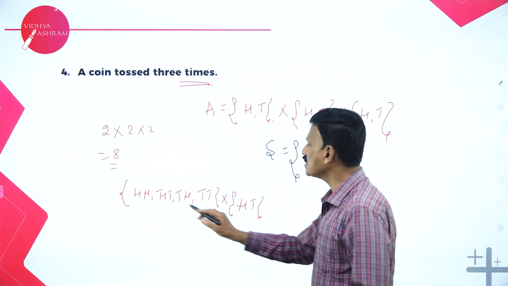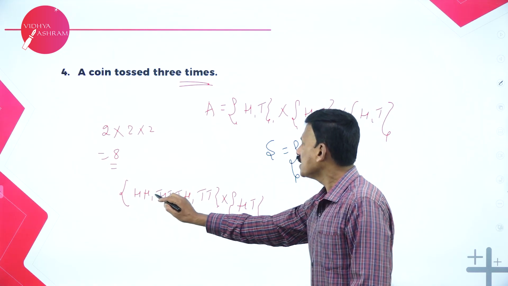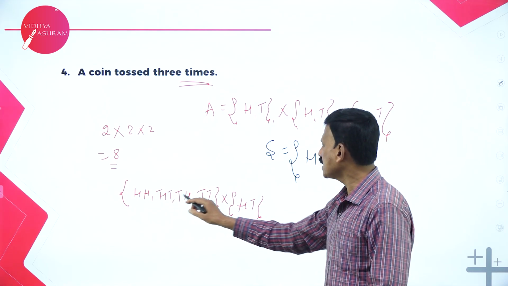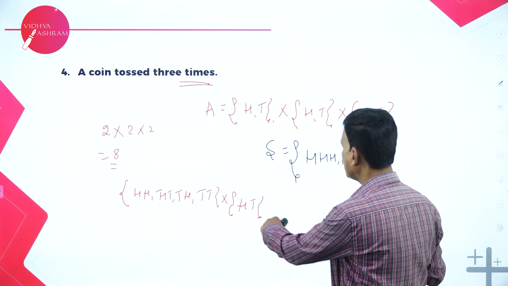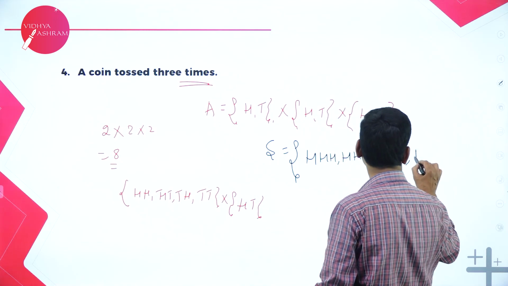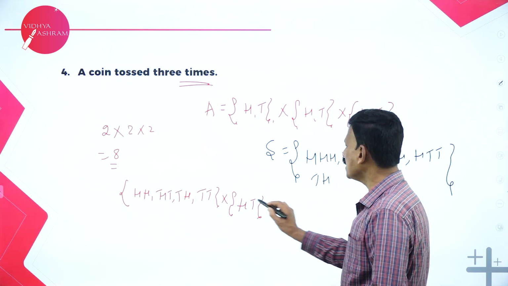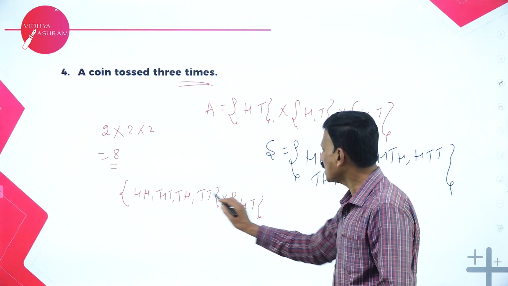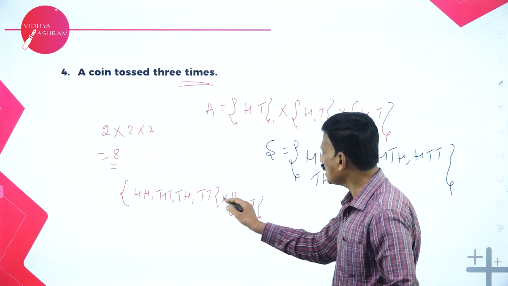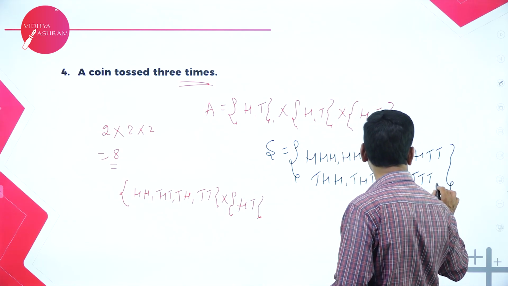The sample space will be like this: head, head, head; head, head, tail; head, tail, head; head, tail, tail; tail, head, head; tail, head, tail; tail, tail, head; and tail, tail, tail. So this is the sample space.